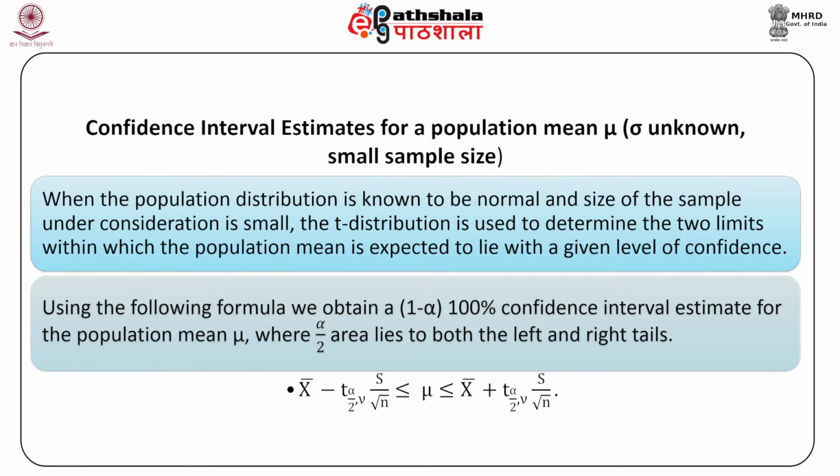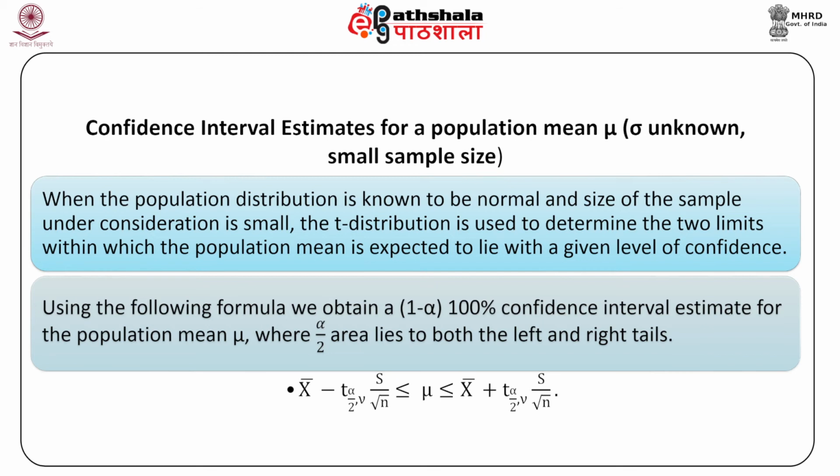So we have x bar minus t alpha by 2, nu into s by root n, which is less than or equal to mu and is less than or equal to x bar plus t alpha by 2, nu into s by root n.